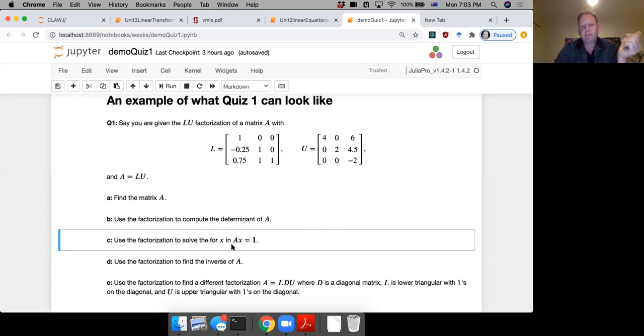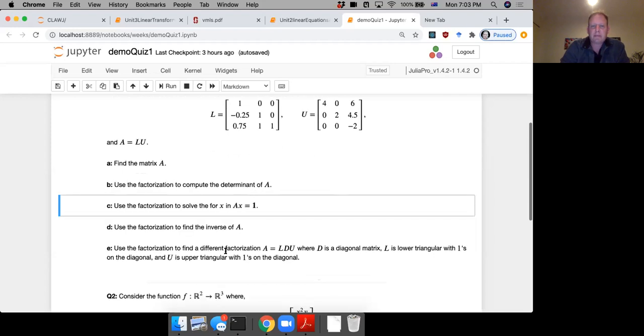Okay. D, use a factorization to find the inverse of A. Here you'll do this 3 times with a different right-hand side, and you'll find the inverse. And this is maybe a bit too long. I wouldn't give that, because that's quite a lot of computations. And E, use a factorization to find a different factorization.